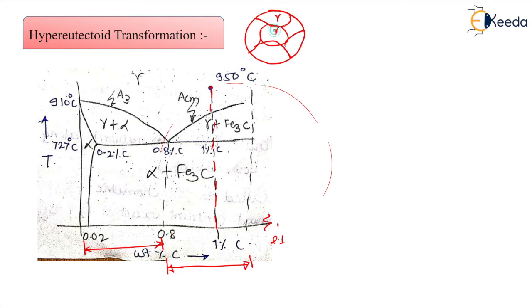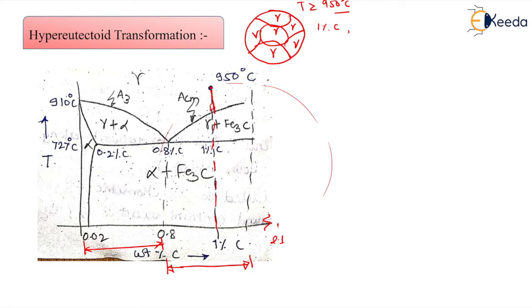Everything is gamma at a temperature greater than or equal to 950 degrees centigrade. Every grain of this gamma contains 1% of what? The carbon.